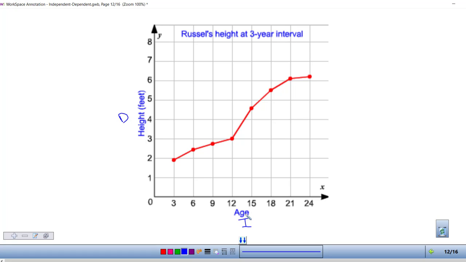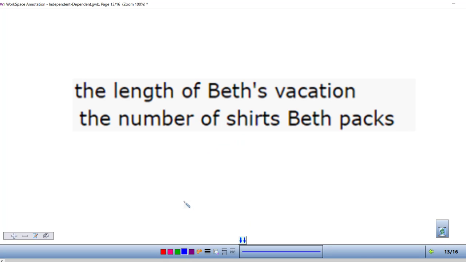Height depends on the age. The length of Beth's vacation, and the number of shirts Beth packs. Well, she's going to have her vacation planned, and then she's going to pack. She has to pack depending on how long she's going to be gone. She doesn't know how much to pack unless she knows how long she'll be gone.